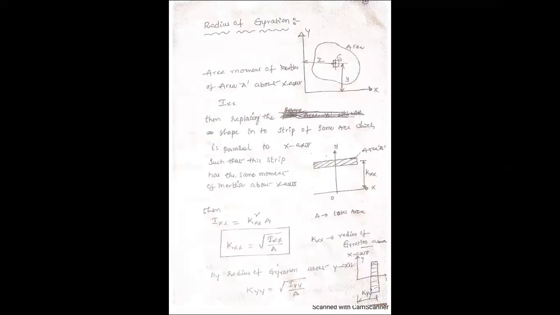Right. Next topic is radius of gyration. It's a very simple one. We can understand this radius of gyration from this diagram. Let us take an arbitrary shape of area A. Again, it's located y distance from the x-axis, x distance from the y-axis, and r distance from the z-axis.